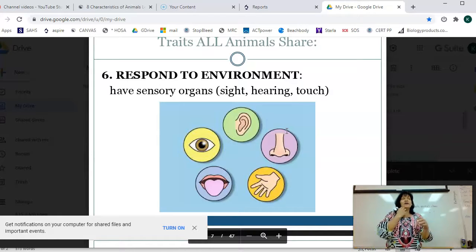And so one easy way for us to think about how we respond to our environment is we have our senses that feel these things and a brain to figure out what's going on, and then we can respond accordingly, right? So you can do whatever you want for this respond to environment, but the 5 senses are some simple things that we use to figure out the environment around us and how we're responding.